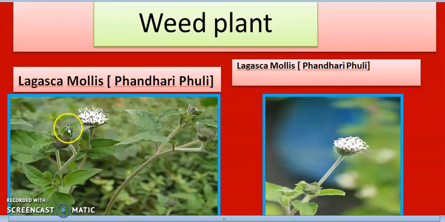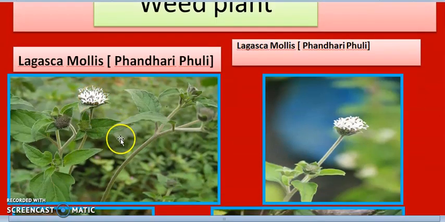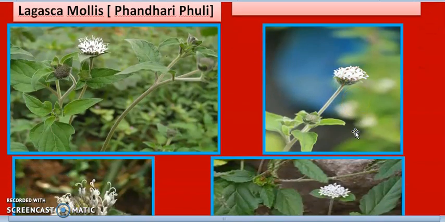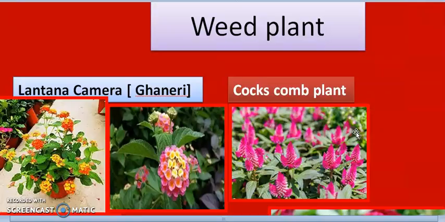Then in the next image, Lagascea mollis, locally known as Pandripuli. This plant occurs majorly on roadsides, wasteland, or grazing or pasture land. Then in the second image we see the flower of Lagascea mollis or Pandripuli weed plant.